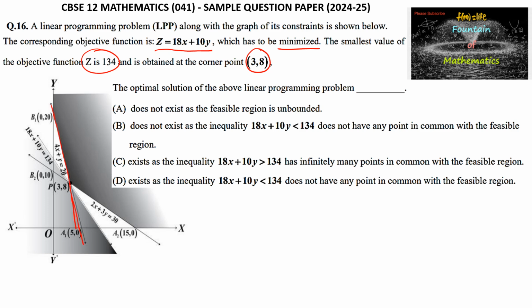And the shaded region is away from the origin. And another constraint, we can see that 2x plus 3y is equal to 30, and the shaded region is away from the origin.